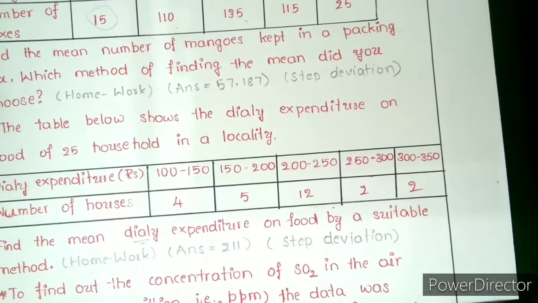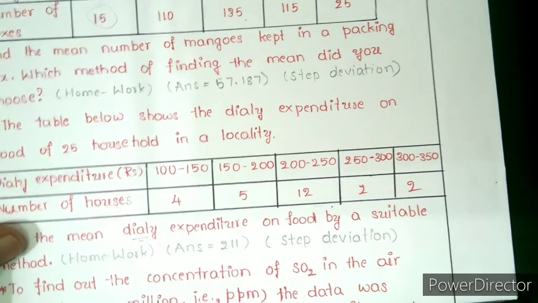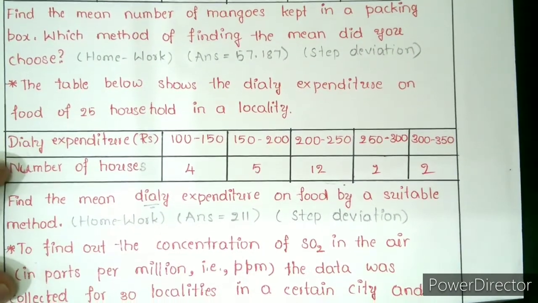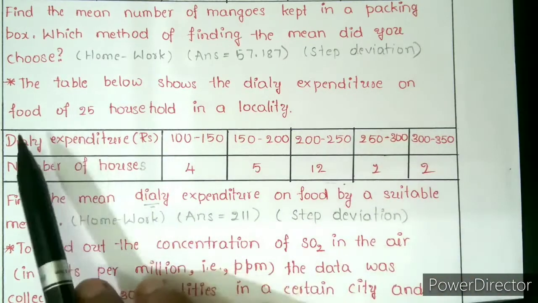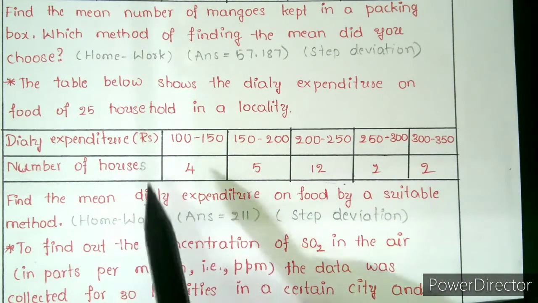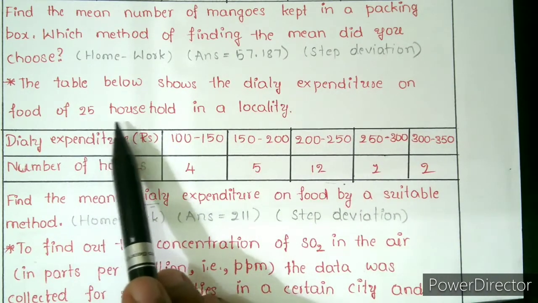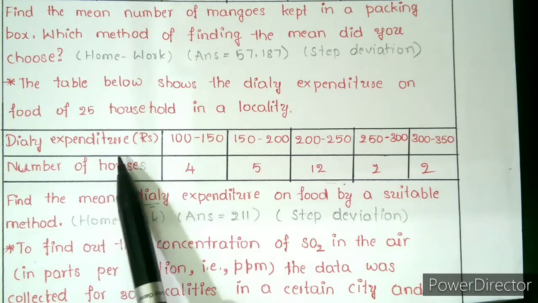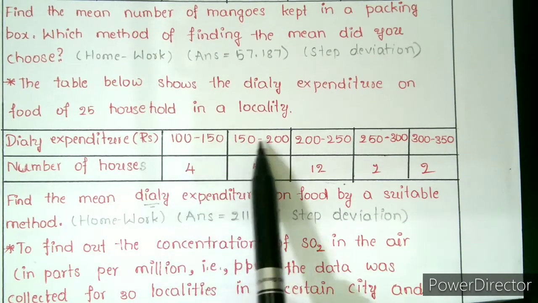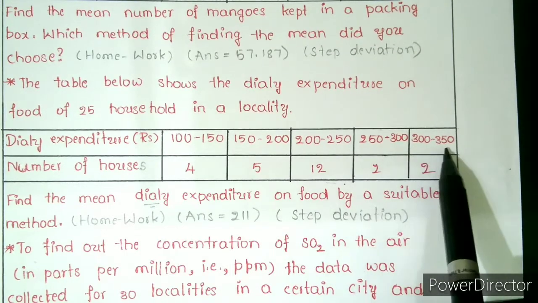One more. The table below shows the daily expenditure on food of 25 households in a locality. Daily expenditure 100 to 150, 150 to 200, 200 to 250, 250 to 300, 300 to 350.